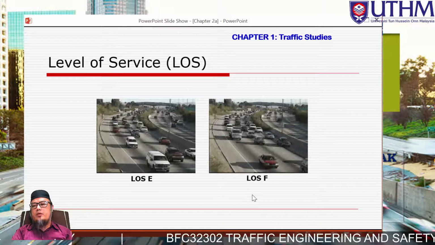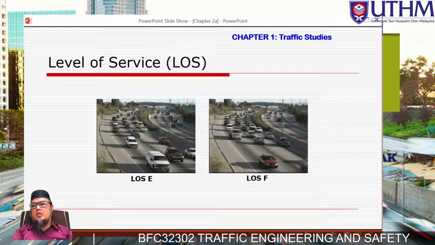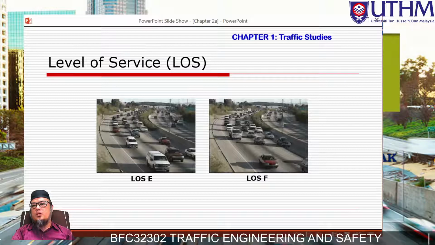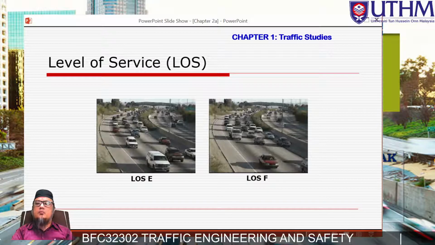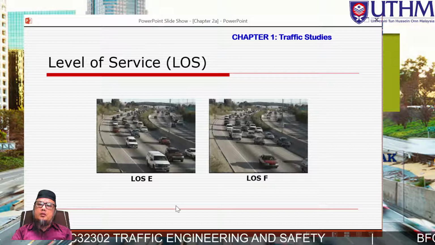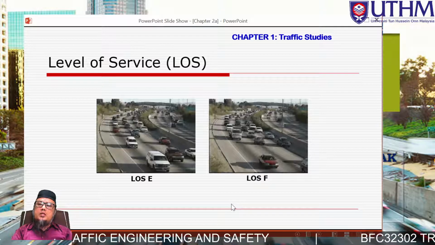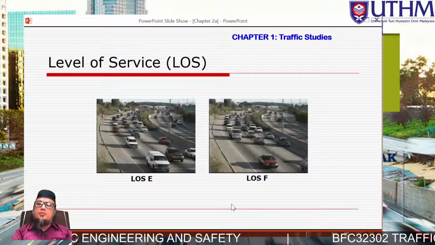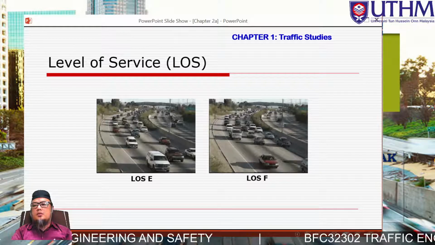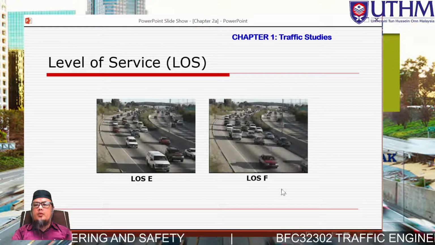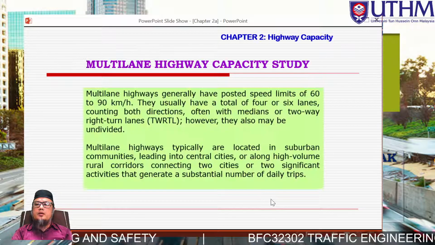Some new areas need to create a traffic flow that looks active. That means it's not bad to consider level of service D to represent a road having busy activities, especially for new urban developed areas.